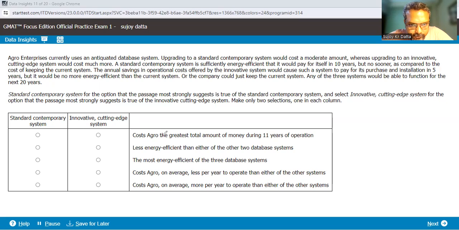Standard system costs the greatest total amount of money during 11 years of operation, less energy efficient than either of the two. No, costs Agro on average less per year to operate.